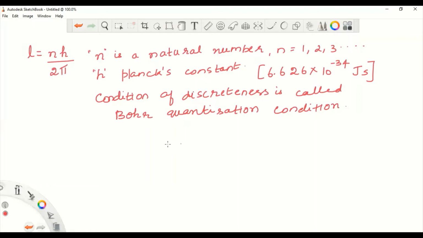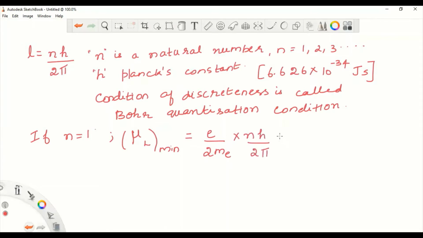Now if we consider n is equal to 1, then we write mu L, the minimum value, which is e divided by 2me, and for L we substitute nh by 2 pi.